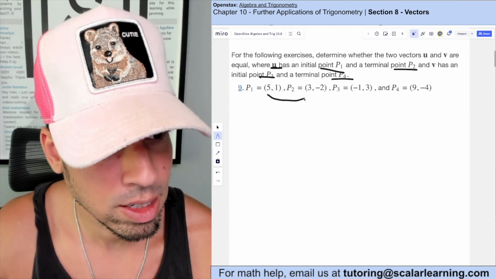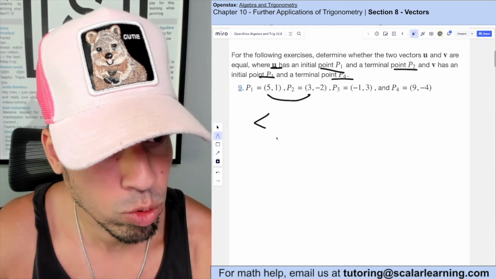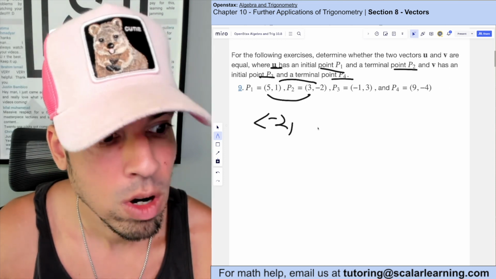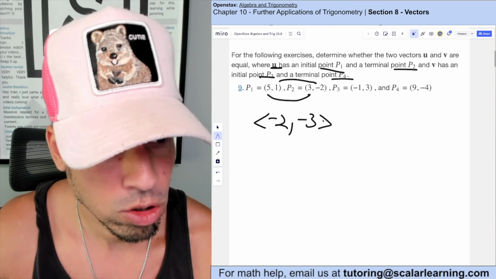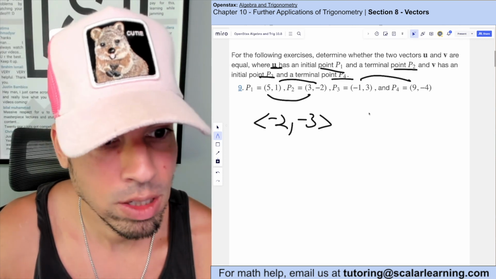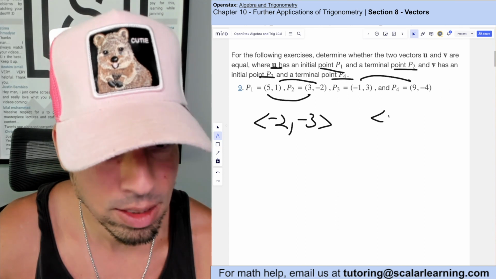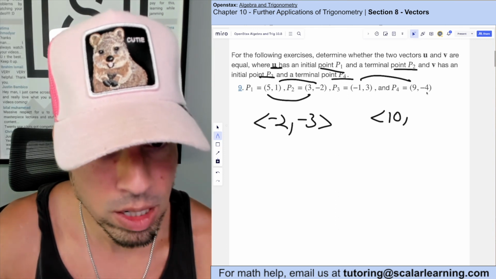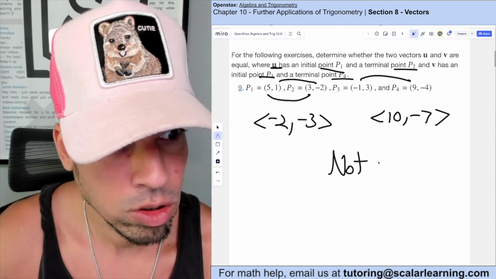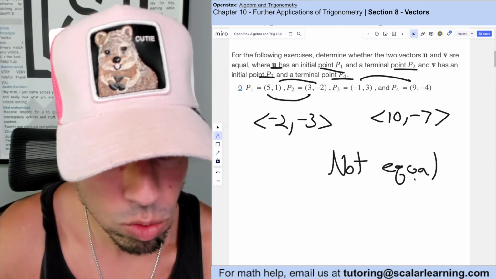It's going a distance of -2, subtracting 2 to go from 5 to 3. What about 1 to -2? We're subtracting 3 there. So there's our component form. What about P3 to P4? From -1 to 9, we're adding 10, and then from 3 to -4, we're subtracting 7. So these are definitely different. They're not the same, so we'll say not equal.